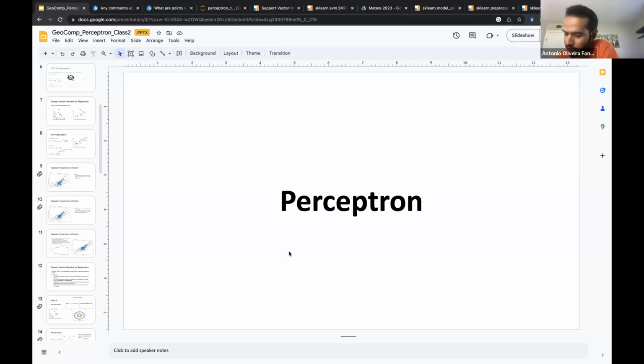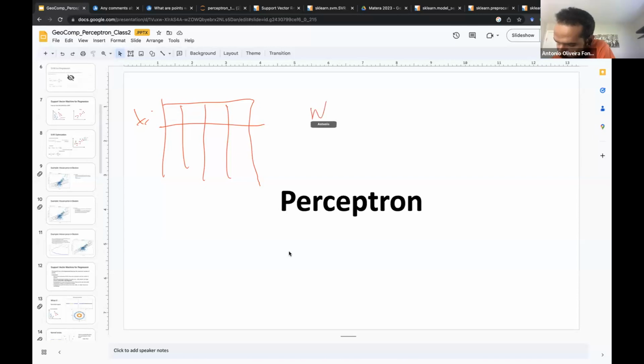So for example, just to address the first comment, you had these variables which are defined as the features of your data, right? So this is a sample. And what you're trying to find is this weight vector, which has these values.